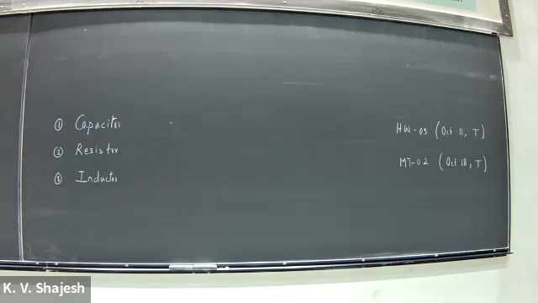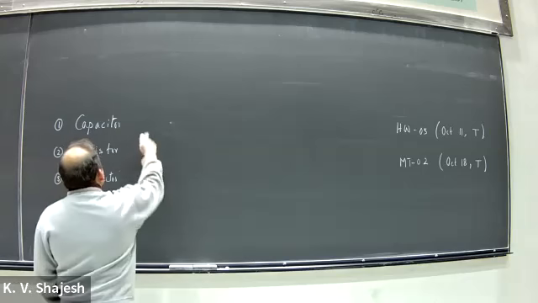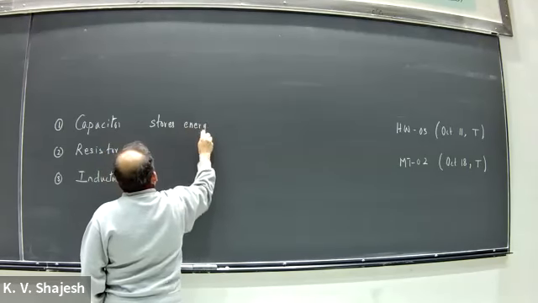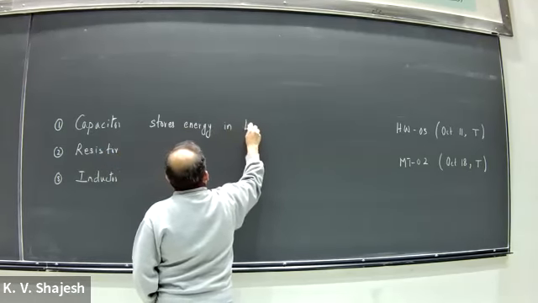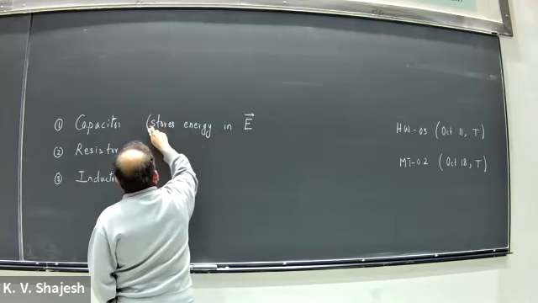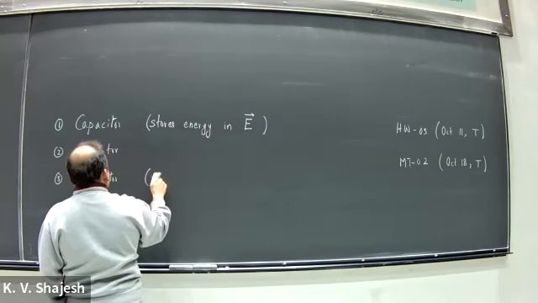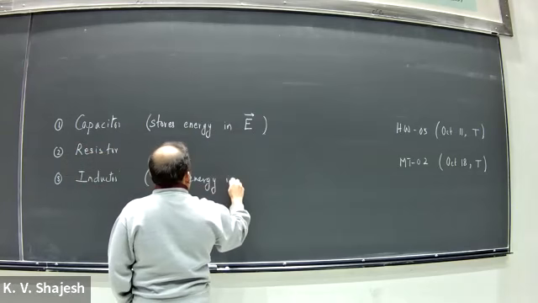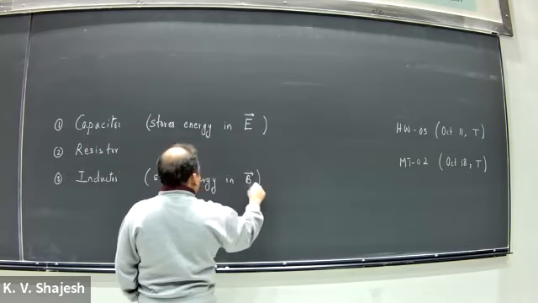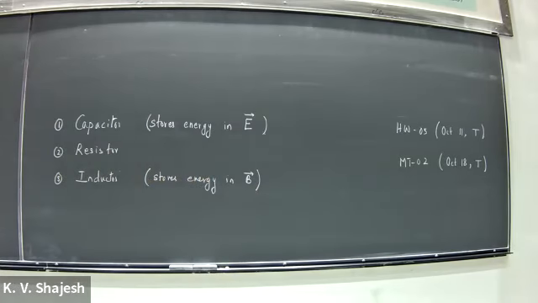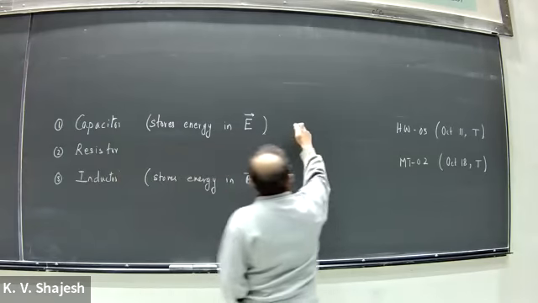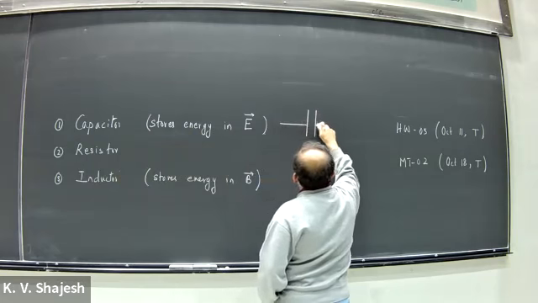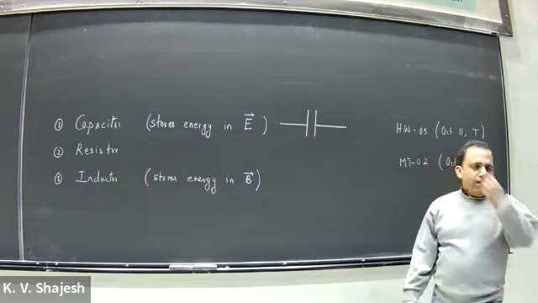But to just give you a broad picture of what is up, a capacitor stores energy in electric field, and an inductor stores energy in magnetic field. It is good to visualize this in the following manner. That's your capacitor, with two wires connected. These are conducting wires and electric field.